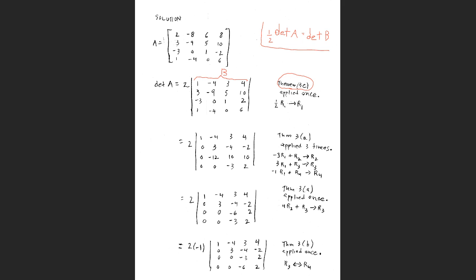So what I'm trying to say is, you notice how it looks almost like I factored a 2 out. It looks like I took this first row here and factored a 2 out.